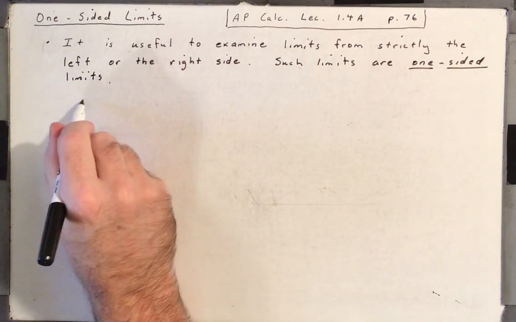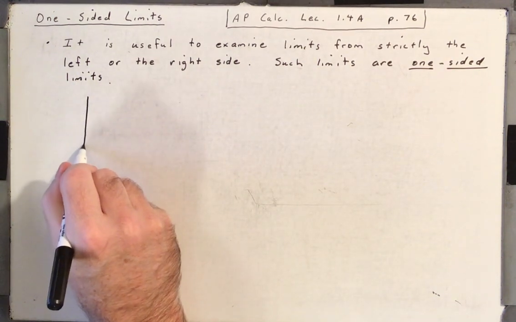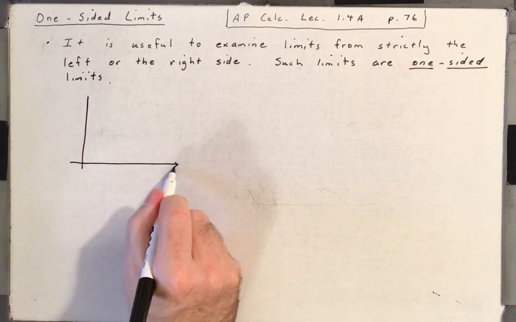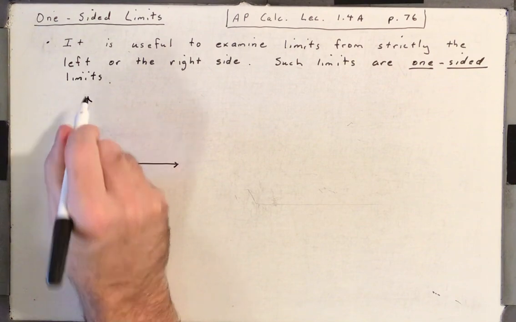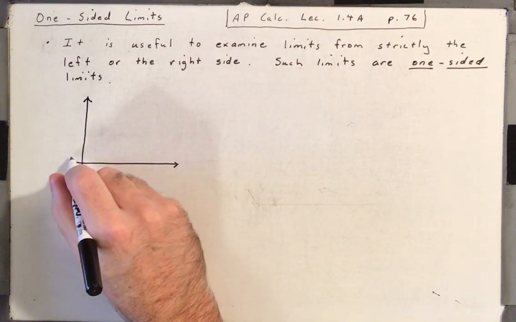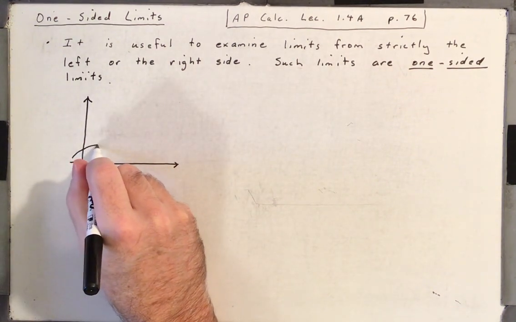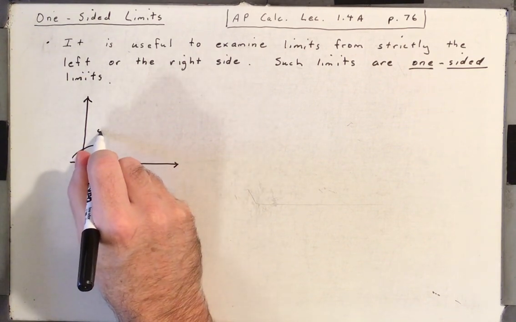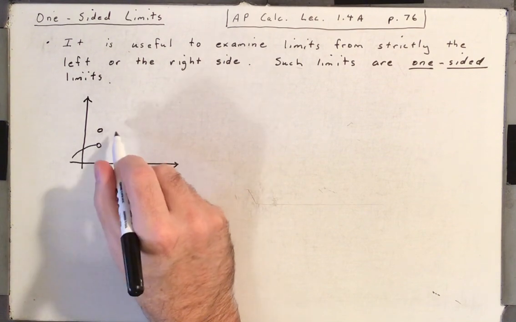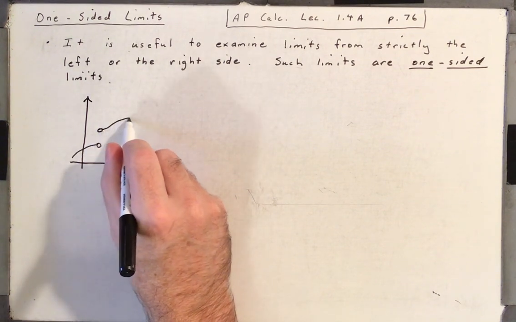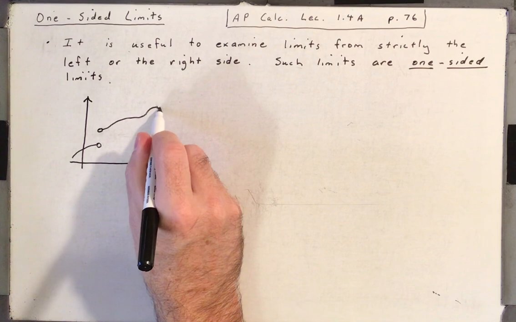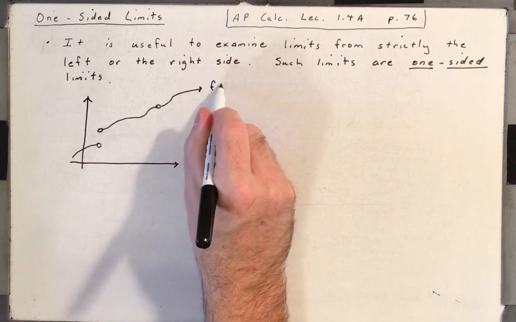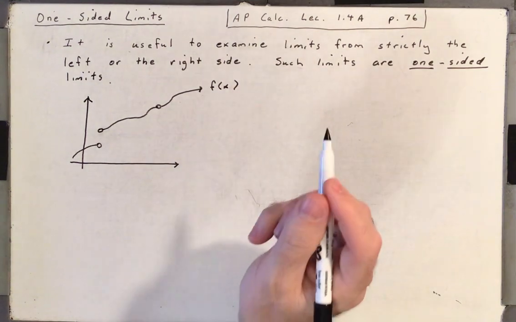Okay, we're going to draw a graph here. I'm going to draw a function that looks something like this. We're going to have a break in it, a couple of holes, let's put another hole there, and then it keeps going forever. We'll call that f of x.